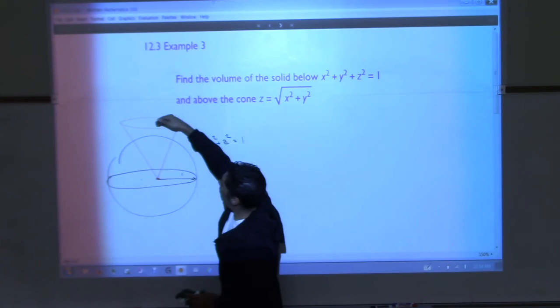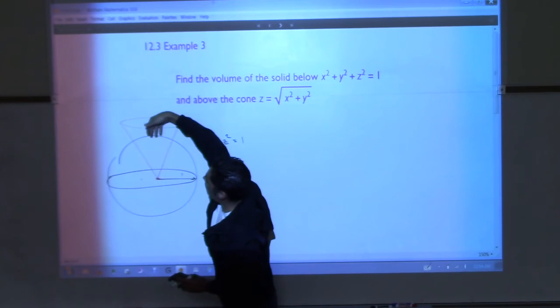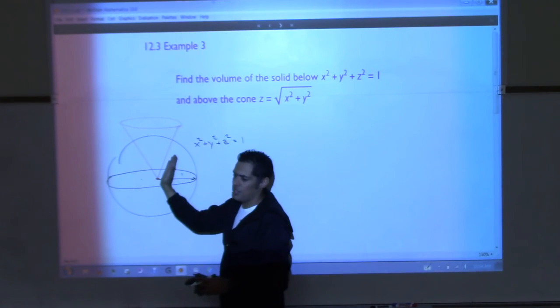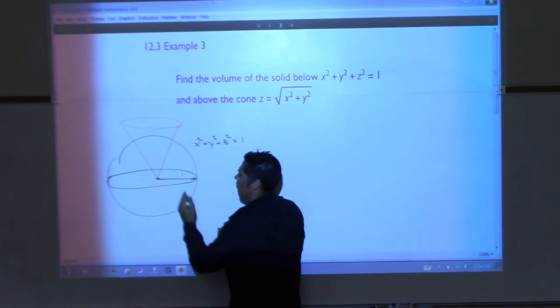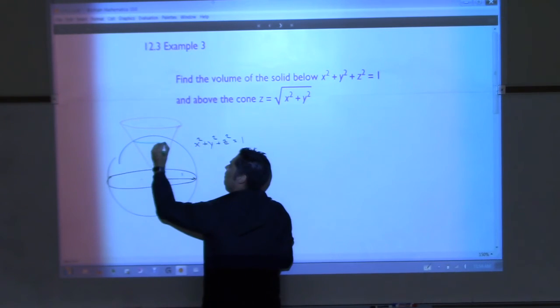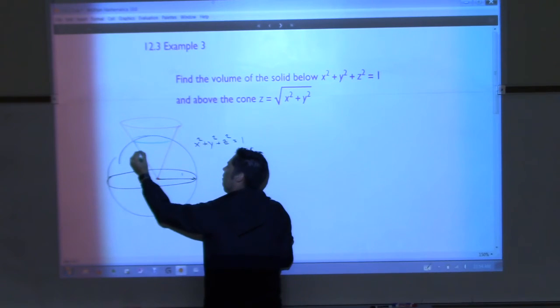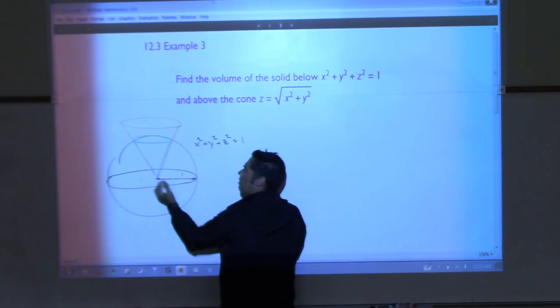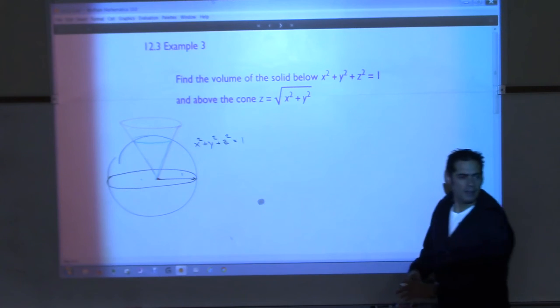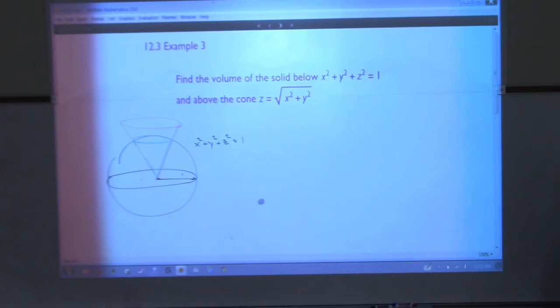So right now, if I put my hand inside that cone, my fingers are above the cone. If I'm down here, this is below the cone. So kind of like this piece right here. Do y'all see that? That's what we want the volume of.